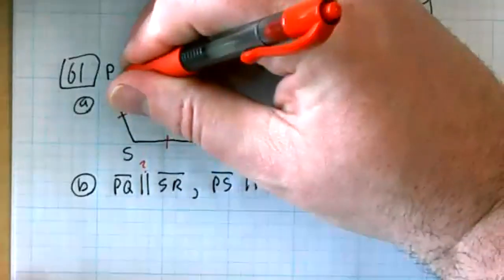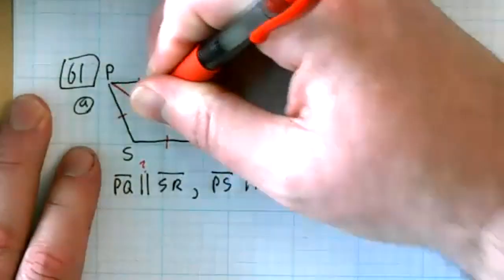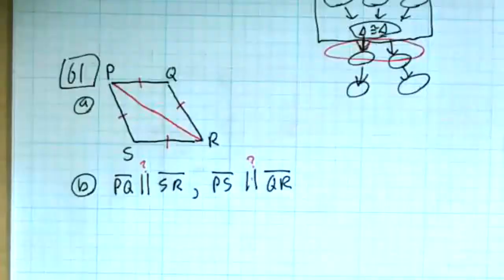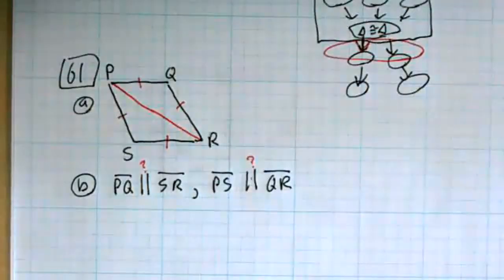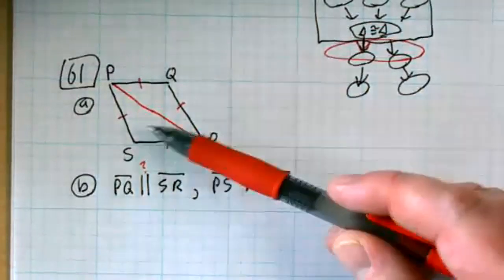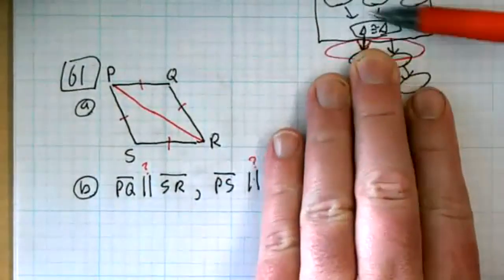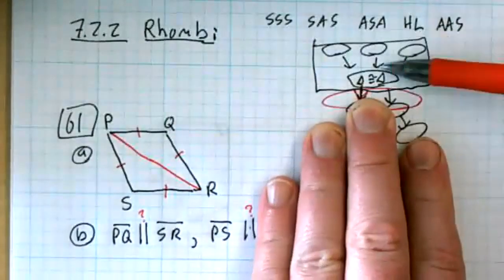So let me catch up to you here. Did y'all draw this line from P to R? All right, we got two triangles there now. So this is where I need you to go back to your knowledge from chapter 6, and I need you to create a flowchart proof that proves that these two triangles are congruent. Basically, you're going to do this thing that we did back in chapter 6.